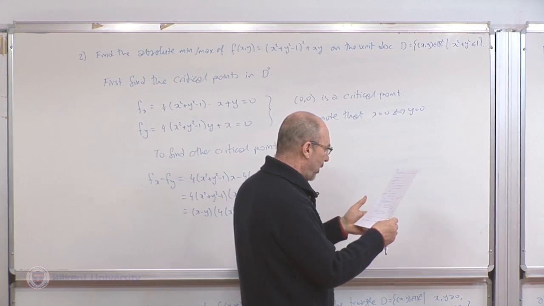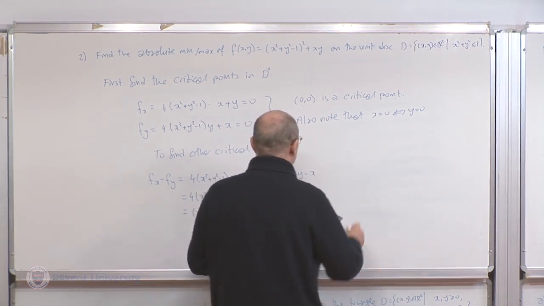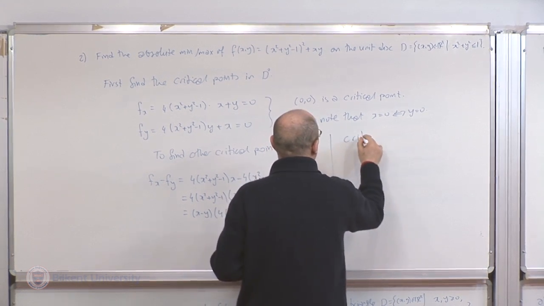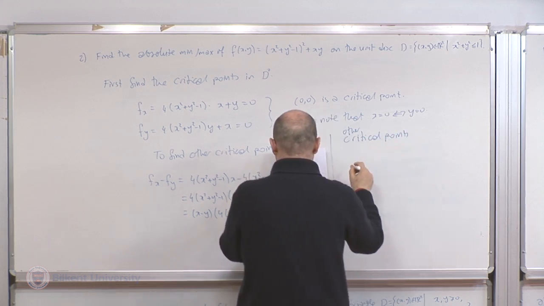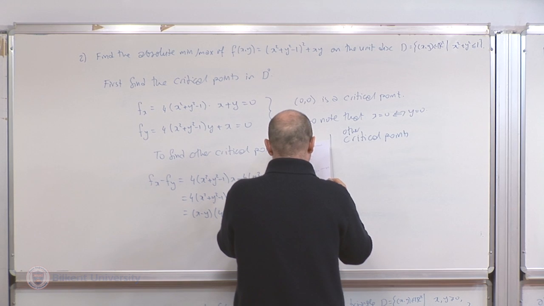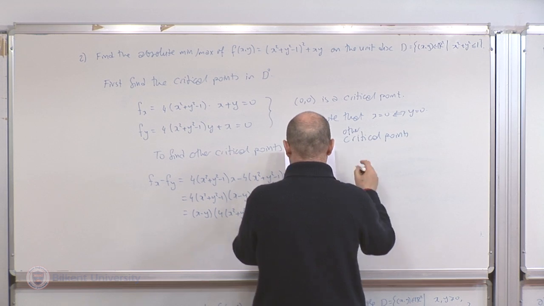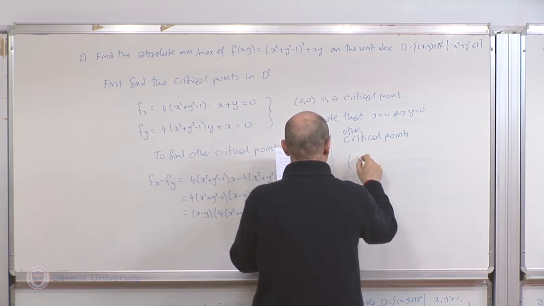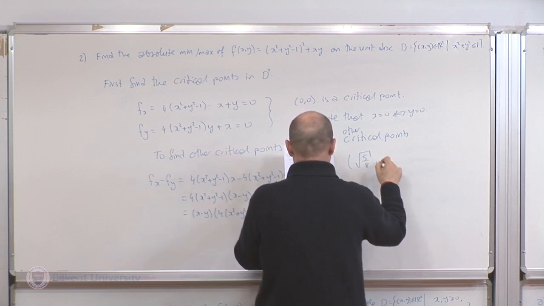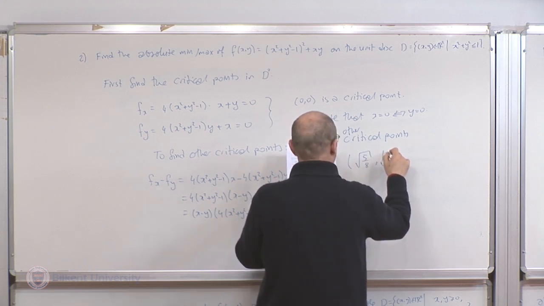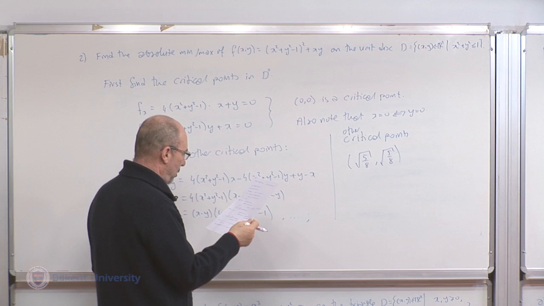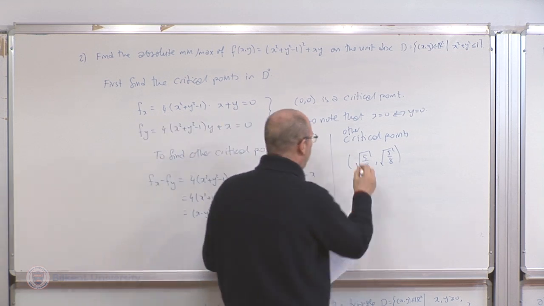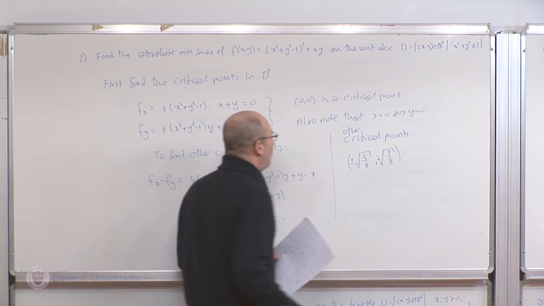Okay, so let me write the critical points. So other critical points. First you have square root of 5 over 8 and square root of 5 over 8, with different signs, plus or minus.